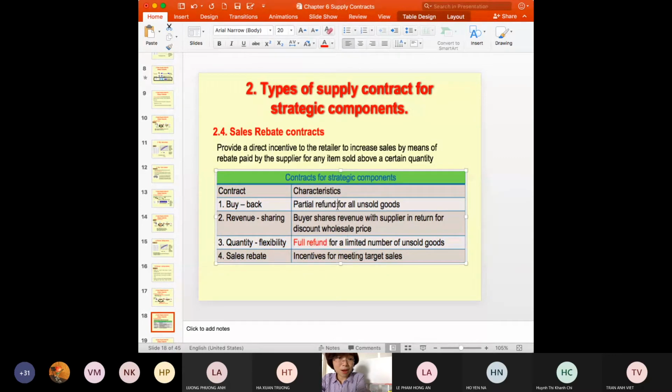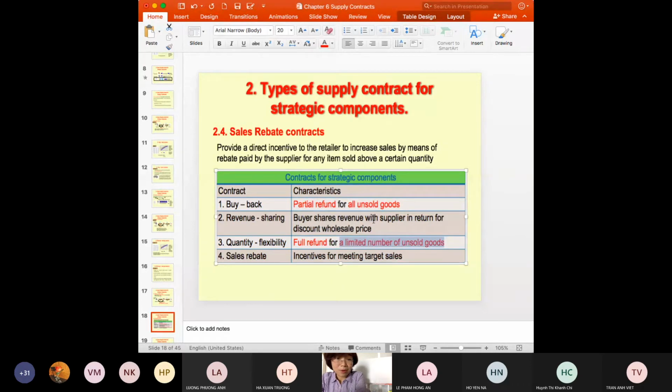Partial refund here, but for all unsold products, while in this one, it's for just a limited number of unsold products. Good. Okay.